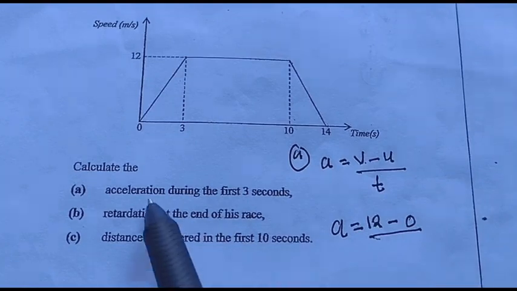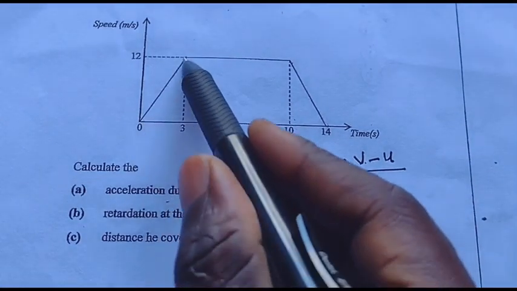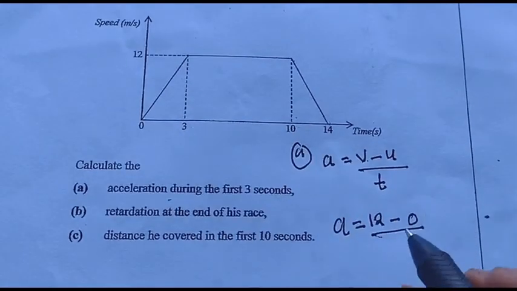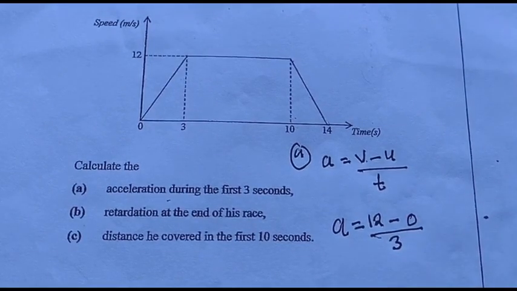So they have said acceleration during the first 3 seconds. You can check from 0 to 12, it was accelerating for the first 3 seconds. So where there is time, you put a 3. When you say 12 minus 0, you get 12.